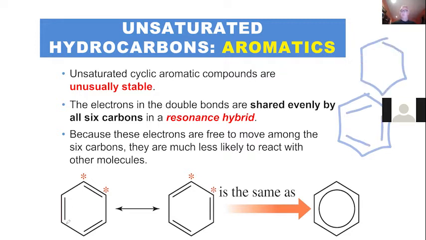You can put the double bond in the other place, or what a lot of organic chemists do is just draw a circle in the middle, because what that indicates is that all these bonds are equivalent, that you don't really have a double bond here and a single bond here, because you don't. You have something that looks more like this, where all the carbons are in exactly the same situation. So either way you want to draw them is fine.